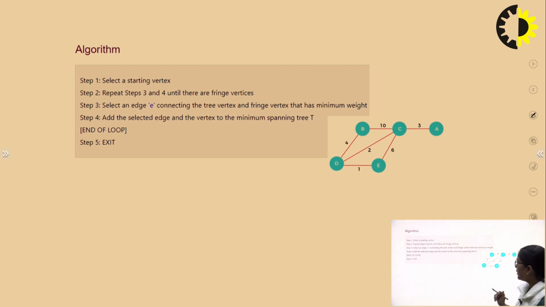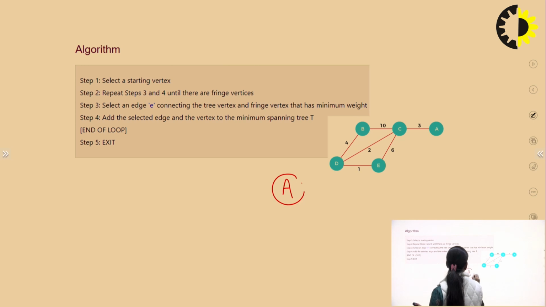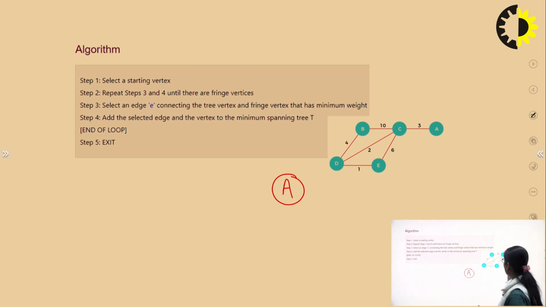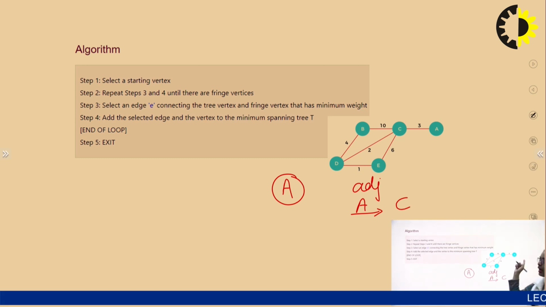So how does this particular Prim's algorithm work? As this is the question given, we initially take any node. I am just taking node A as the arbitrary node. Now we have to consider the adjacent vertices of A. There is only one adjacent vertex, which is C. That means we have to go from A to C. As we have no option.